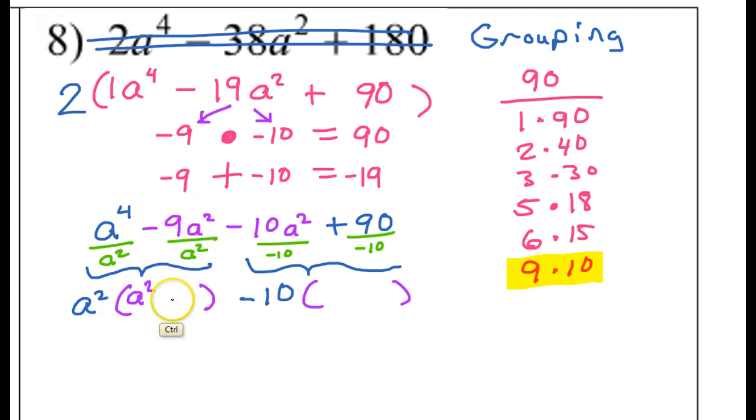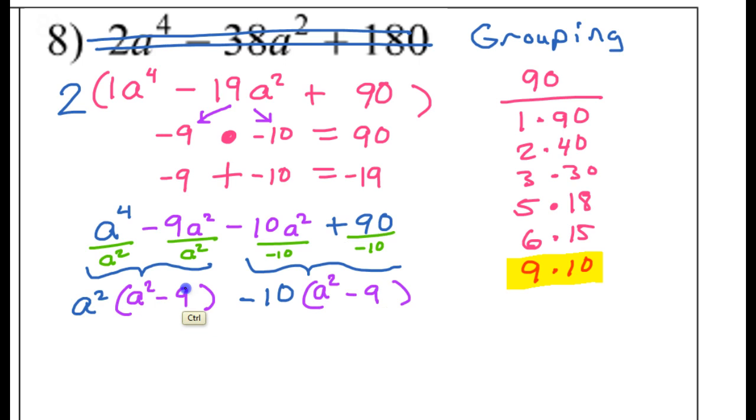These a squares will cancel each other out, and that's just going to leave me with negative 9. So I have a squared minus 9. Now, these negative 10s are going to cancel each other out, and that's just going to leave me with a squared. And 90 divided by negative 10 is negative 9.